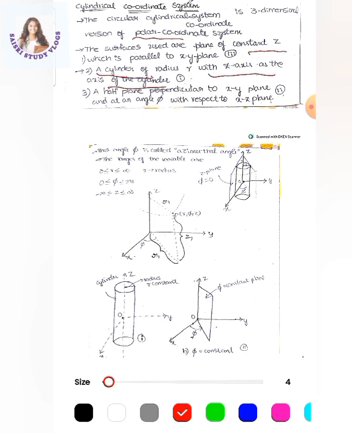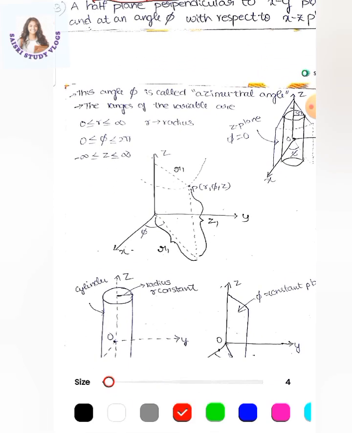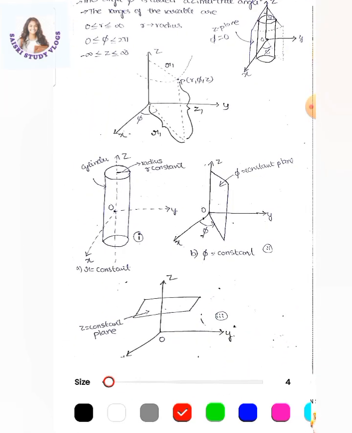First of all, let us see the ranges of the variables, and then you can see the three parameters: r is constant, phi is constant, and z is constant. First, let us see what is meant by this phi angle.